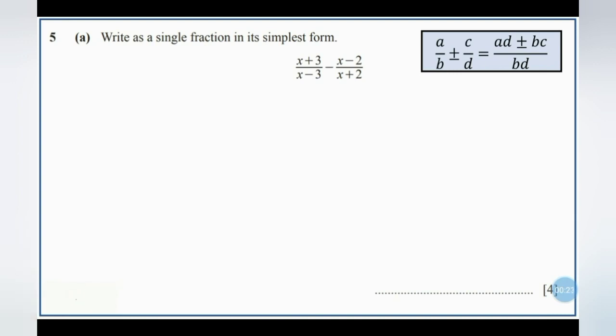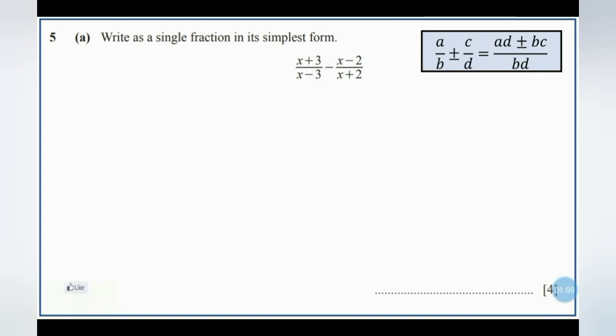Basically, you have rules on adding or subtracting fractions, for example, finding first the least common denominator before you add. But since we are dealing with algebraic expressions, you have to use this kind of formula to make your problem solving easier. So let's try to apply that one.